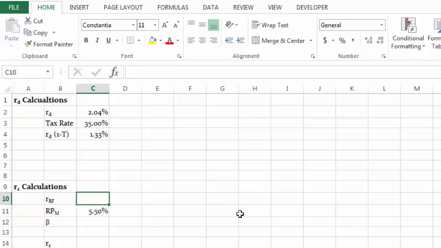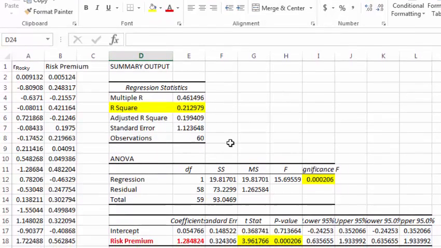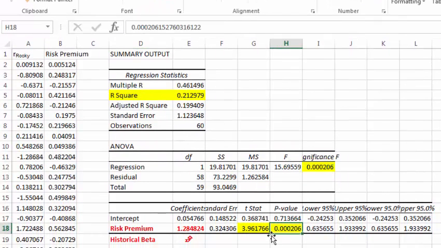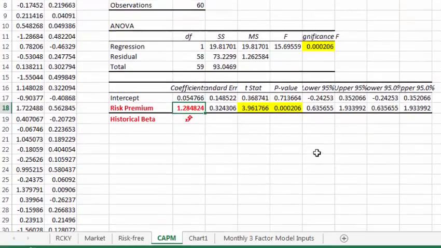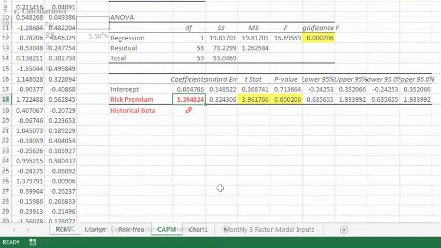And this one comes again from chapter, I think it's chapter 6 homework. I'm hoping you remember doing this one. We have something that's statistically significant, and we end up with a beta of 1.284824. And if I pop back over here and ask what the most recent monthly average was, it's 2.77% on our risk-free rate.